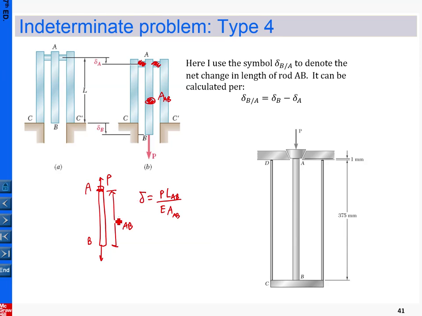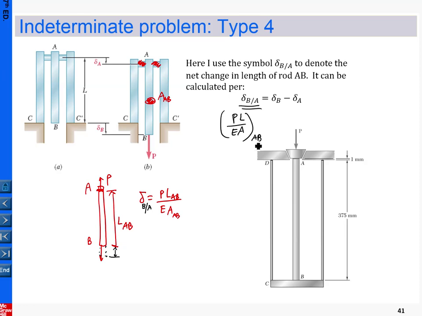Basically, this indicates the deformation of the AB, and for notation, I like to say this also indicates the displacement of B relative to A. That is the total deformation. So for this case, this amount is PL over EA, and whatever information we pick up about the rod AB.